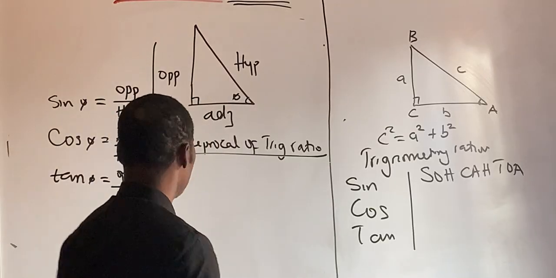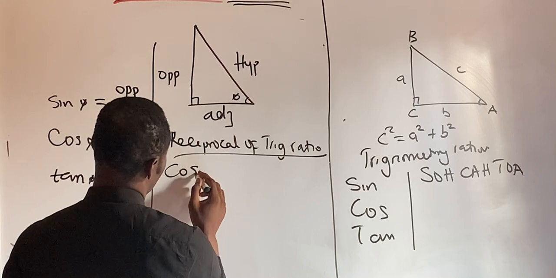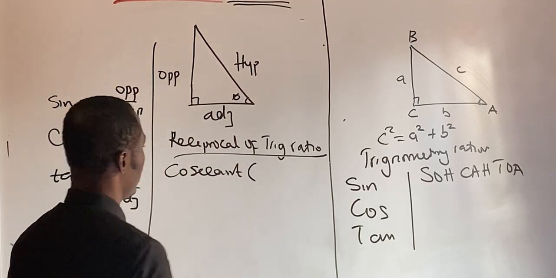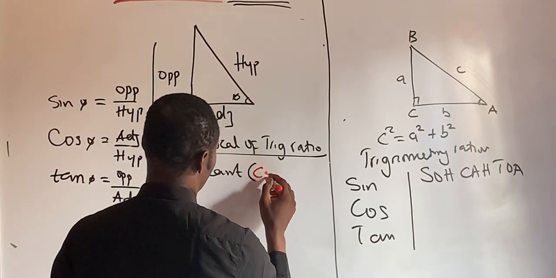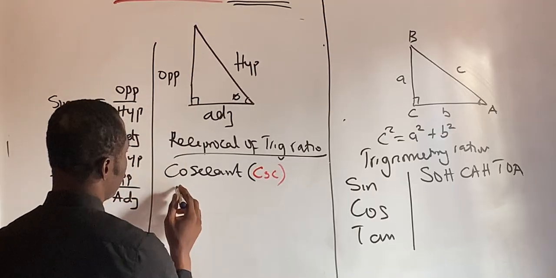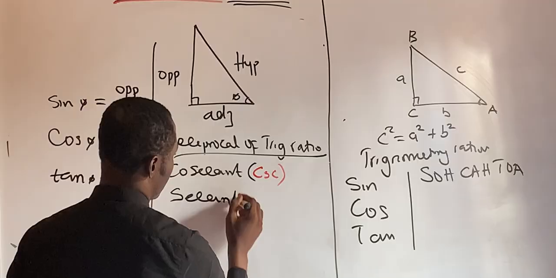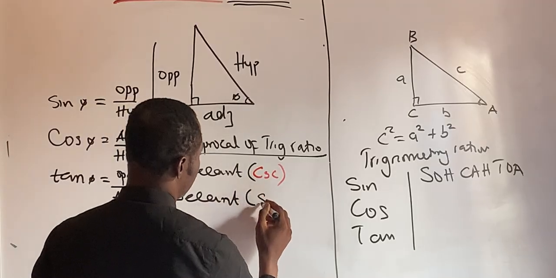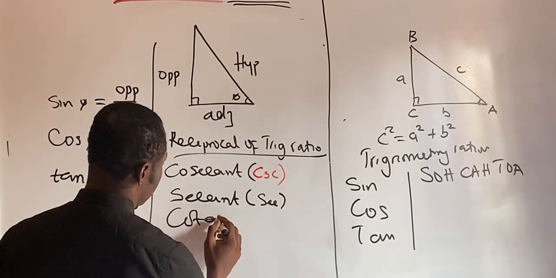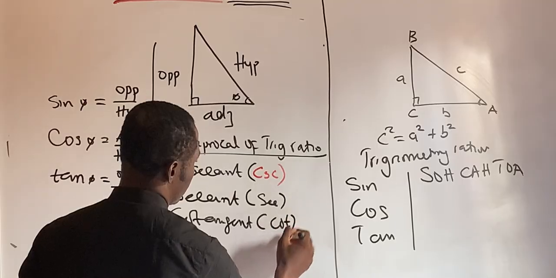For the sine, we use the cosecant, which is denoted with that one. For the cosine, we use secant, which is denoted. Now, for the tan, we use cotangent, which is denoted. All right.